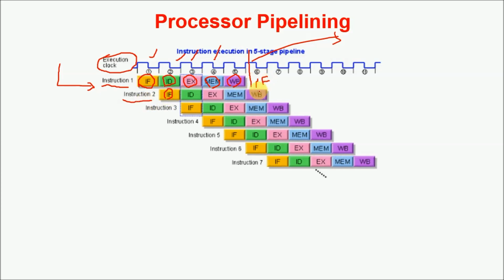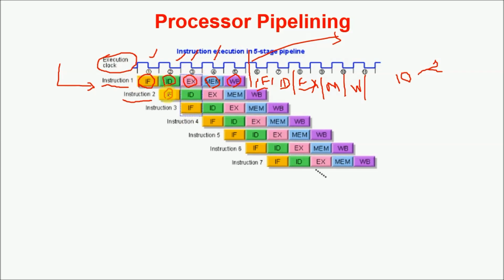Then the instruction decode will start in the 7th clock pulse, the execution in the 8th, the memory access in the 9th, and the write back in the 10th. So in a non-pipeline procedure, if we execute 2 instructions one after another serially, it will take 10 clock pulses to execute just 2 instructions. That is for non-pipelining. But in the pipeline system, what happens?